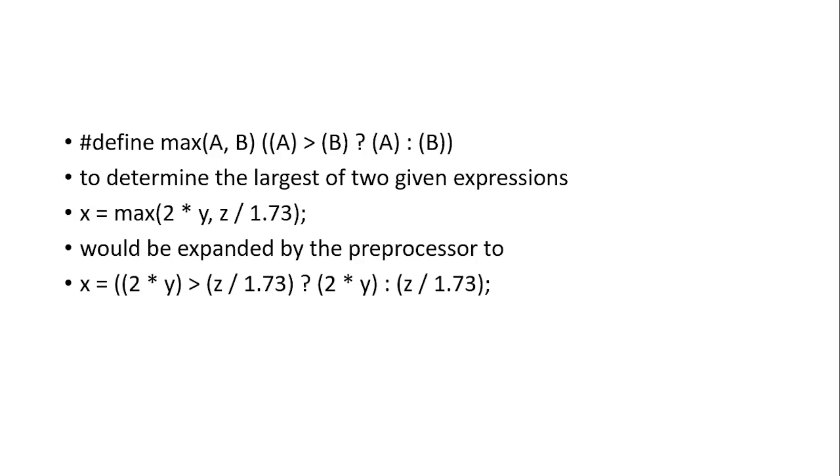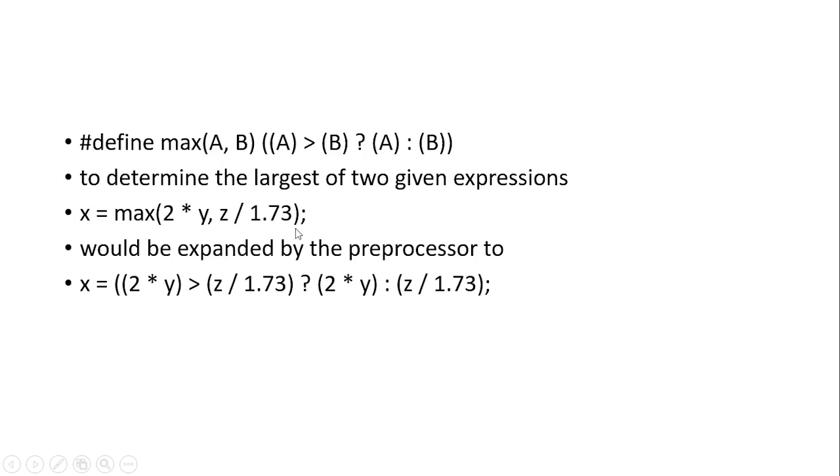For example, the expression x = max(2 * y, z / 1.73) would be expanded by the preprocessor to: if 2 * y is greater than z / 1.73, then it is 2 * y, else it is z / 1.73. So max takes the maximum of these two.